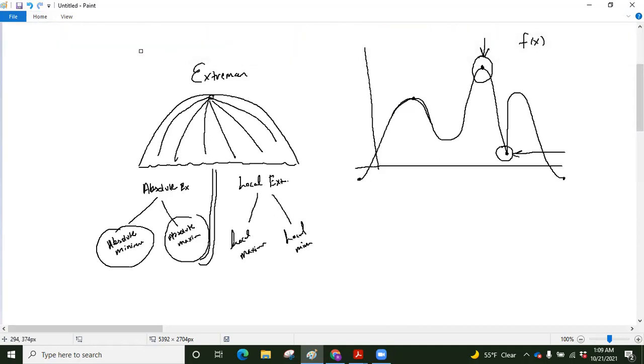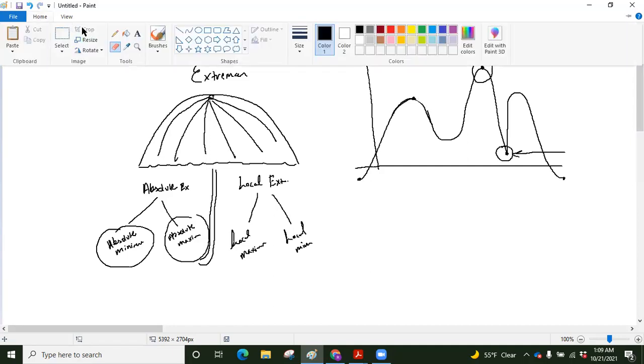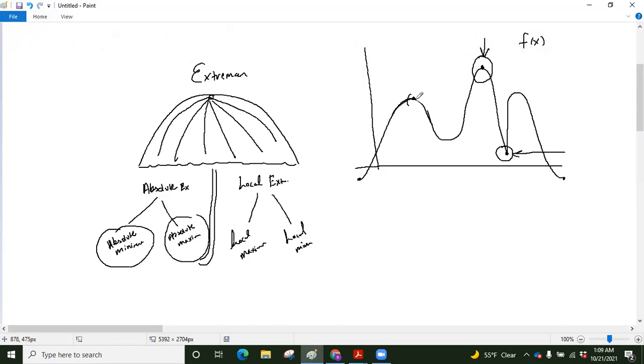If we're looking in that small neighborhood, we notice that this point is the greatest point. There's really no other point around it that is greater than that point in terms of height. So this we said was an absolute maximum, and this point here we said was an absolute minimum.